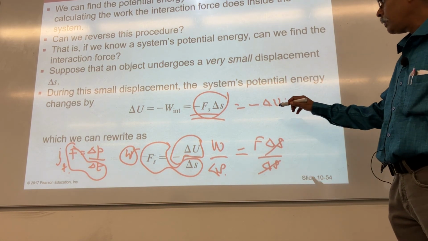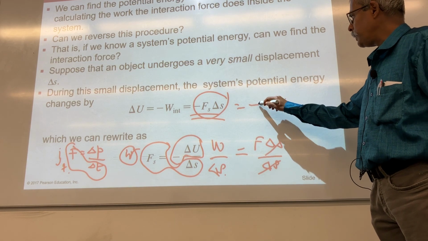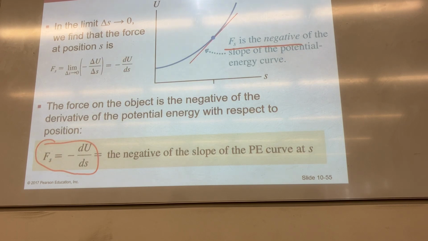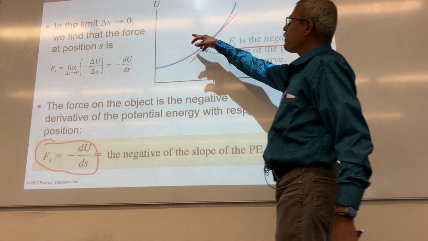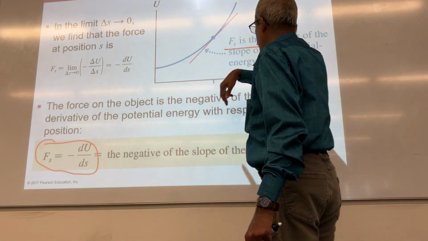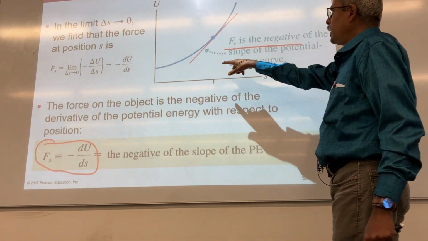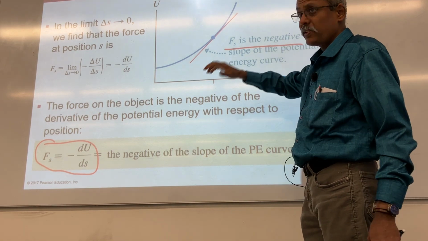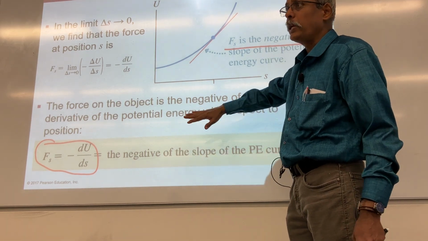For this minus, don't take the minus. When you go to the limit as the time goes to 0, you will get dU over dS. So when you plot a graph of potential energy against displacement, the slope is your force. This is a very new equation for you. You have not seen this.